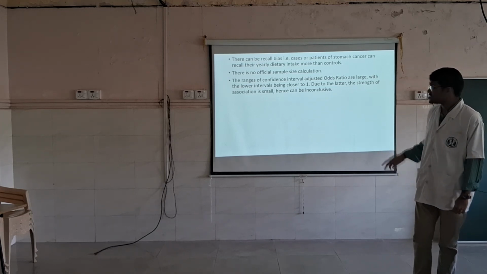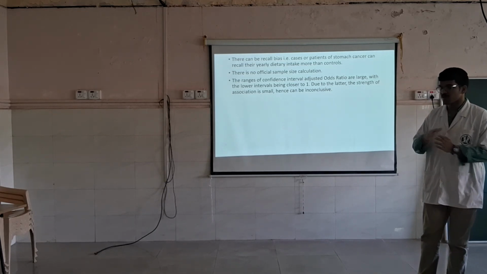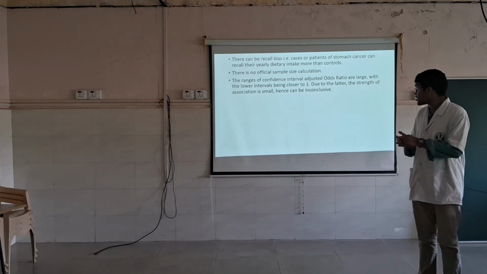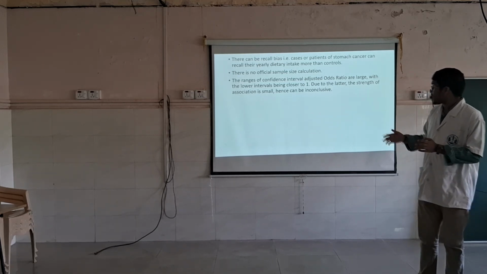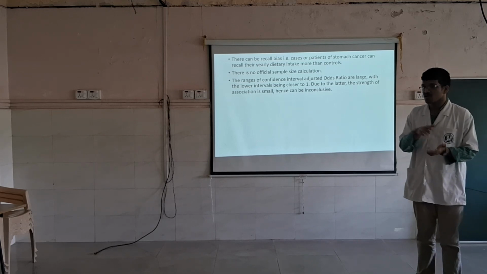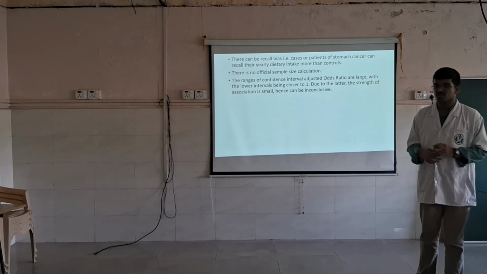As shown in the previous slides, the confidence intervals are very large, and the lower limits are closer to 1, with the odds ratio also being closer to 1, meaning that in this particular study, the strength of association is very low.